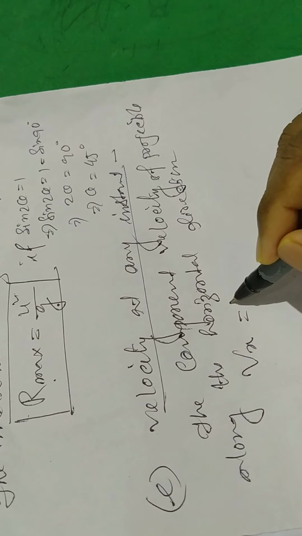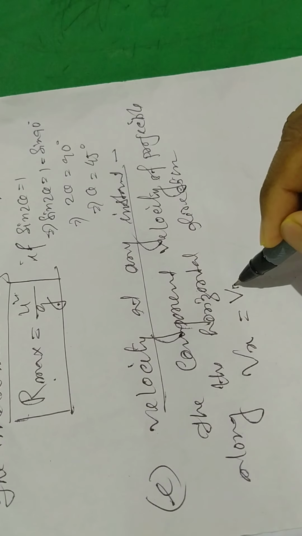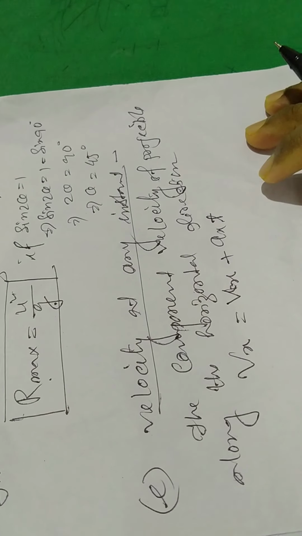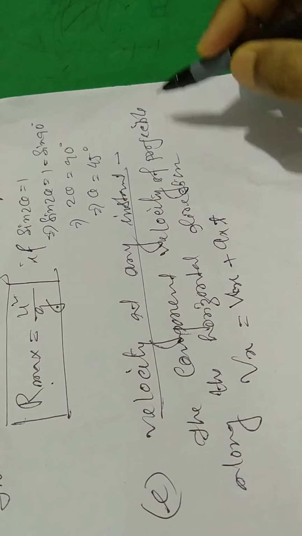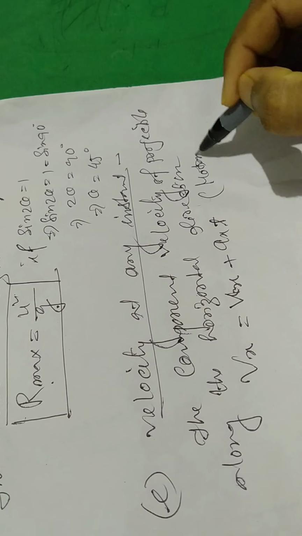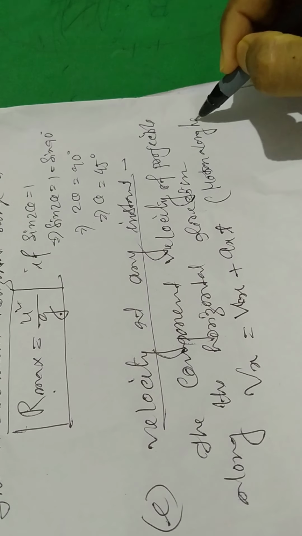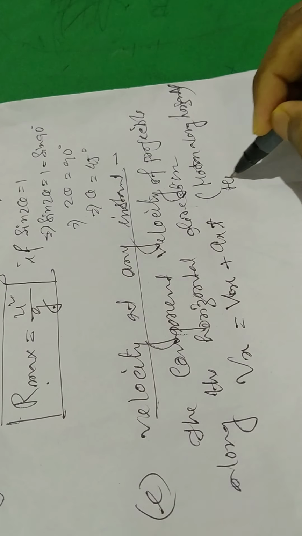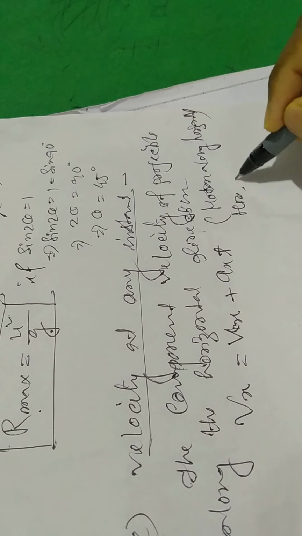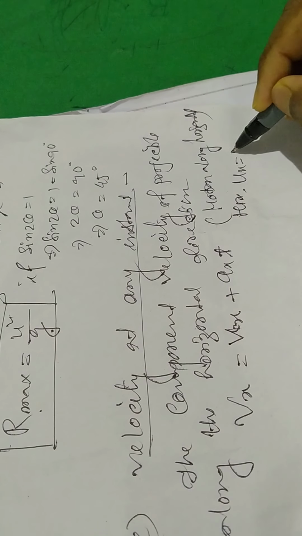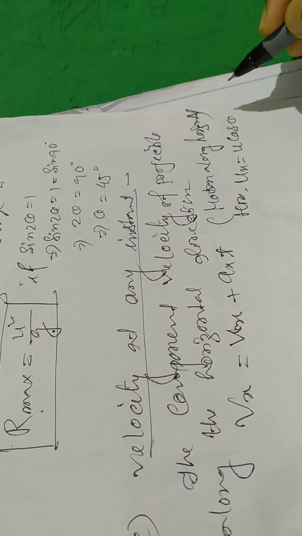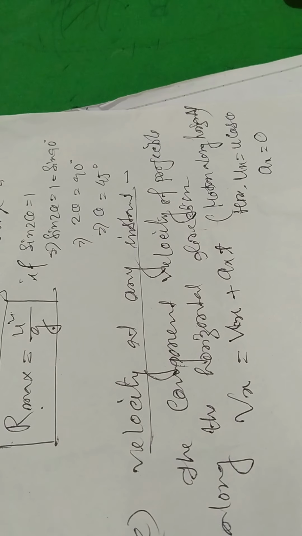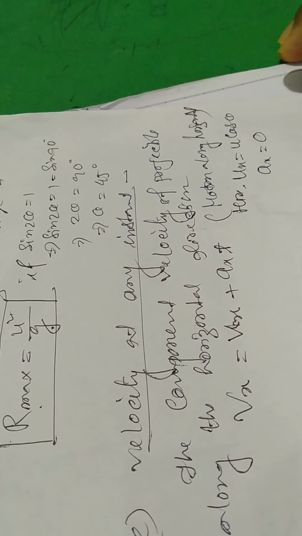Vx equals ux plus ax t. Actually, we are discussing motion along the horizontal. Here ux is u cos theta, and ax, when the body is moving in the horizontal direction, the acceleration due to gravity is 0.